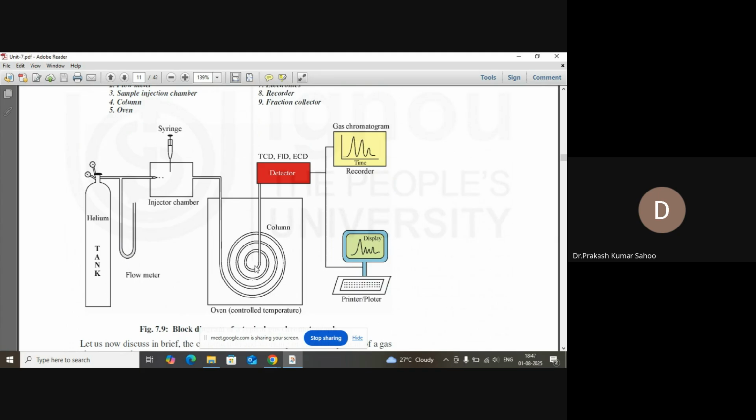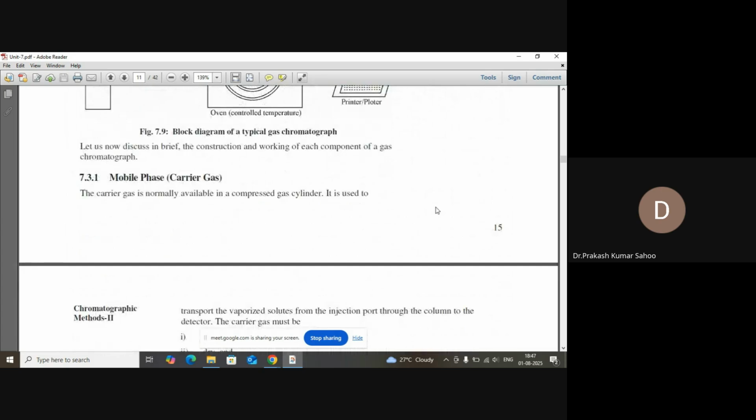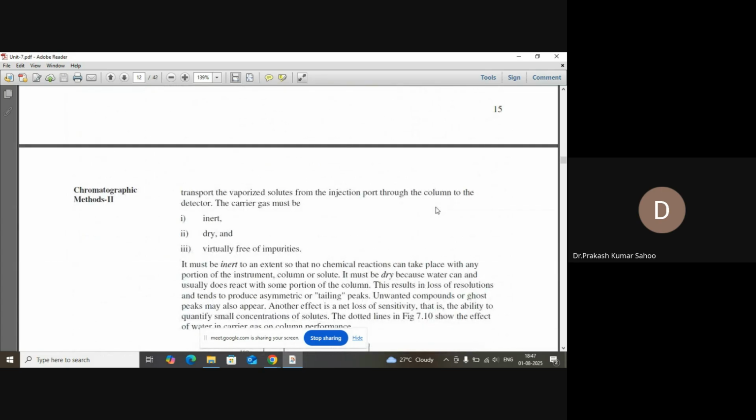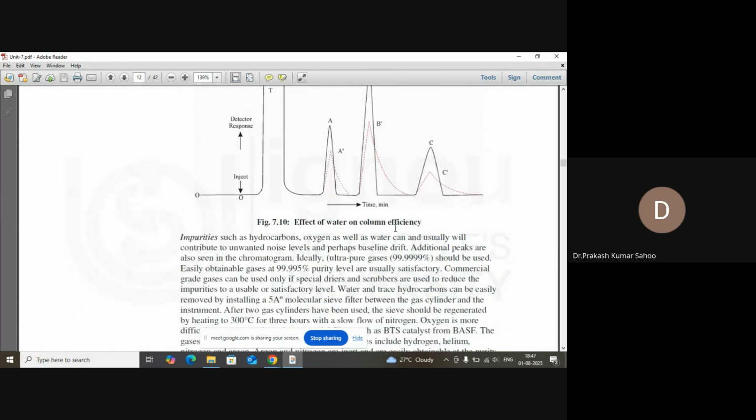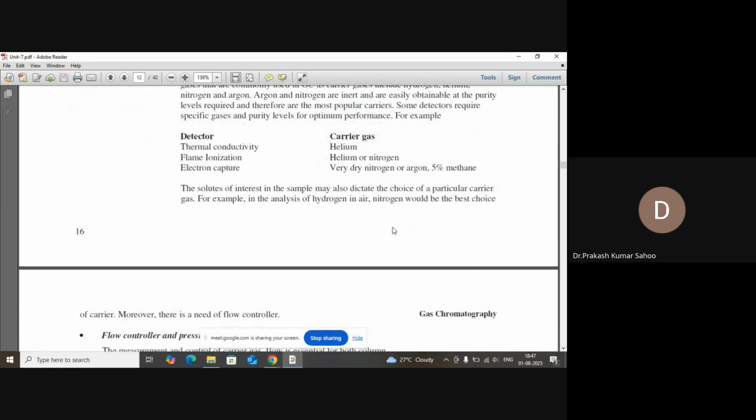The different components get separated, and they send an electrical signal to the detector, and after that the chromatogram is recorded. So the mobile phase, the carrier gas, should be inert, dry and virtually free of impurities. This was already discussed. And the detector may be a thermal conductivity, flame ionization or electron capture detector.